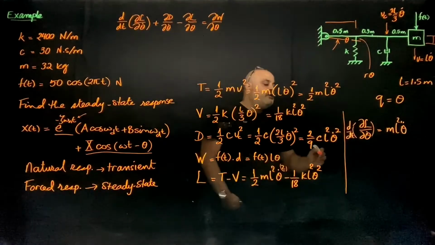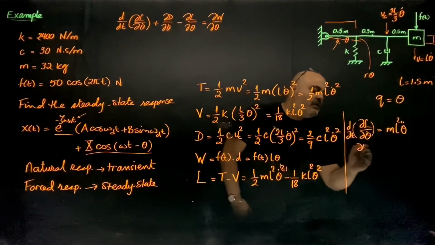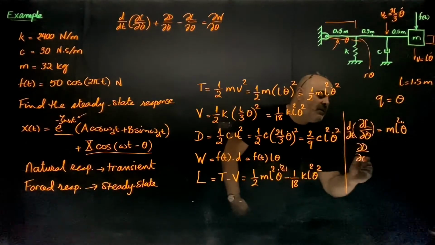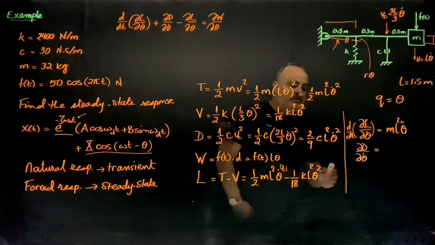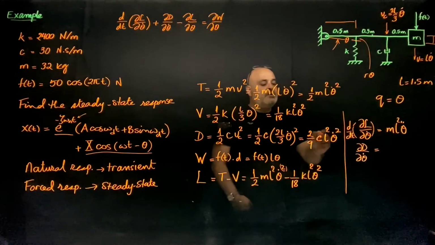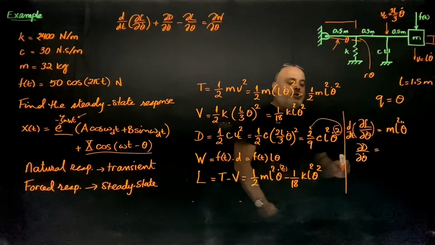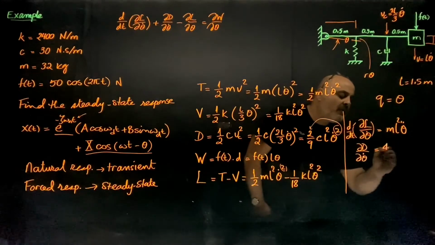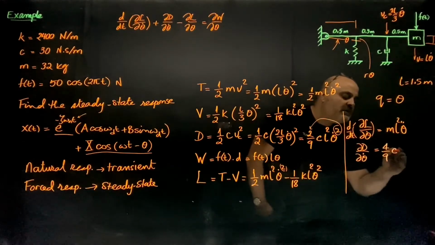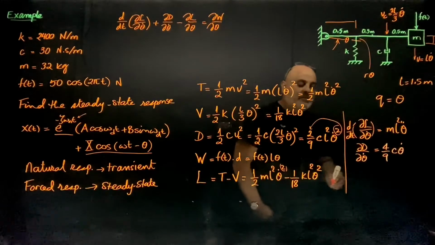Now, the partial derivative of the dissipation function with respect to theta dot is straightforward: 2 times 2 is 4 divided by 9 c theta dot.